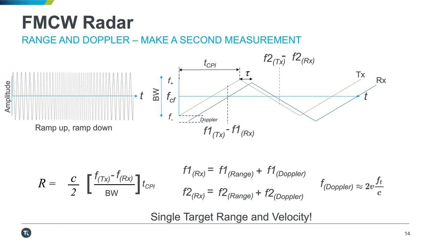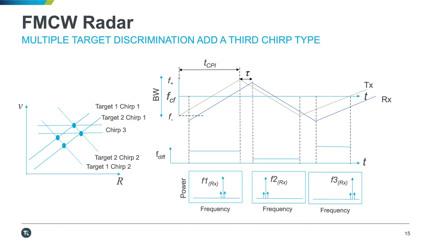So if we just use the up chirp and the down chirp measurements that we talked about in the previous slide, if there were two targets, for example, we would actually get 4 returns. And so 2 are real and 2 are not real. To be able to figure out which 2 are the real ones, we usually plot that on a velocity versus range graph, and then we add another chirp.